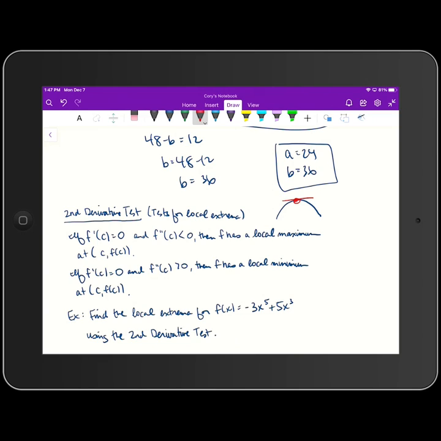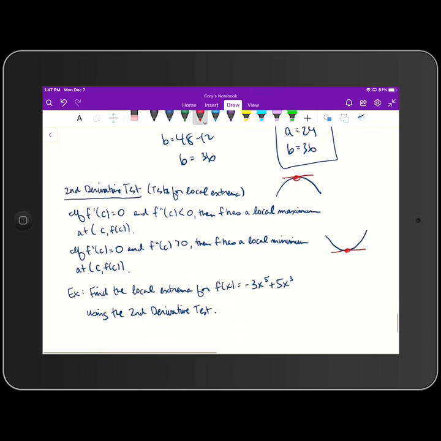Similarly, the statement below says if f prime of c is equal to 0 and f double prime of c is greater than 0. That is saying if you have a horizontal tangent on a graph that is concave up, then at that point you have a local minimum.